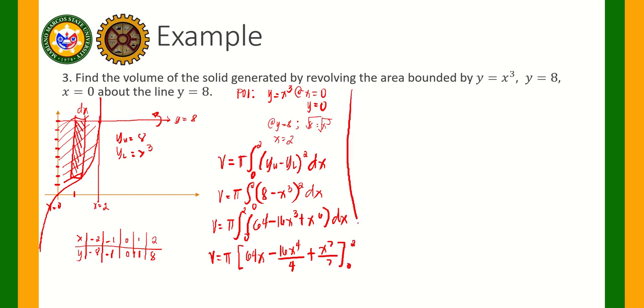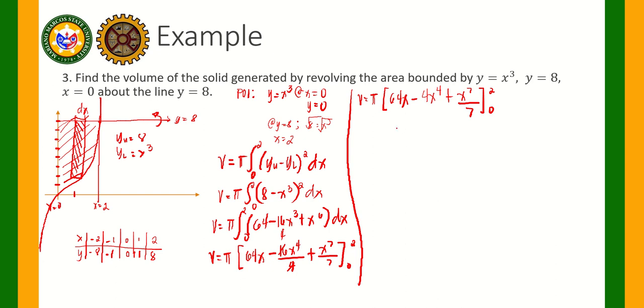So V is equal to pi times 64x. Of course, this will cancel. So, matitira is 4. So, this will be equal to negative 4x raised to 4 plus x raised to 7 all over 7, limits from 0 to 2.